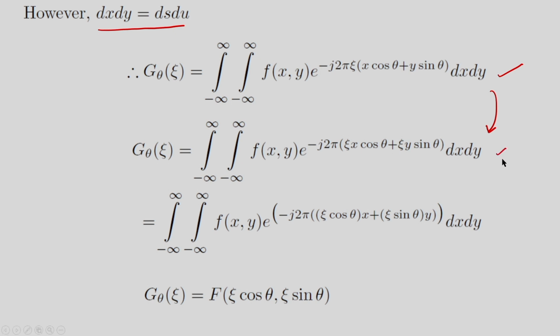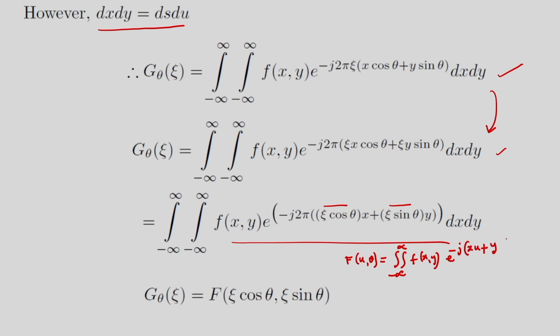Finally, combining one portion like this, another is epsilon sin theta. This expression is very much similar to the expression F(u,v), the integral from minus infinity to infinity of f(x,y) e to the power minus j (xu plus yv) dx dy.